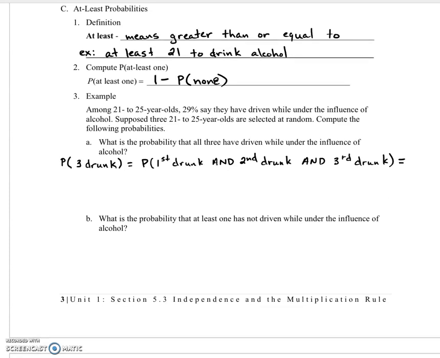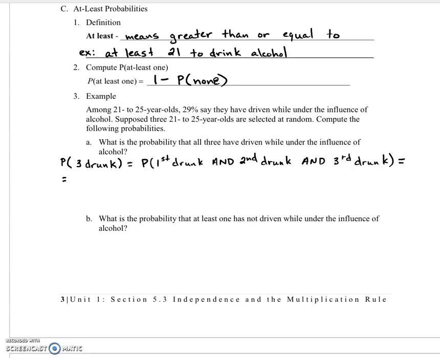Okay, and we remember, since whether or not I'm drunk has no bearing on whether or not you're drunk, assuming hopefully you're of legal drinking age, we just multiply all the probabilities together.